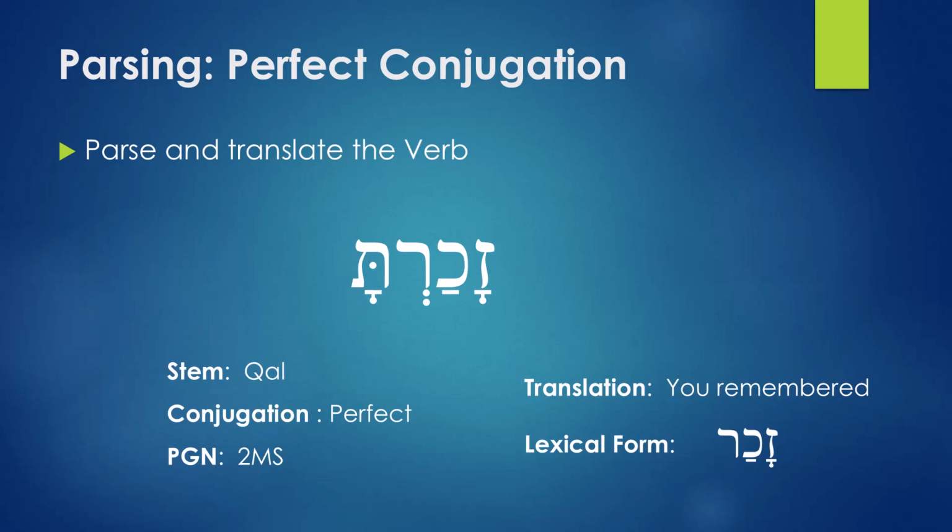So the lexical form will help you translate it because it tells you the meaning of the word, and the suffix is going to give you the person, gender, and number. Let me say it in this way: the root tells you what the word will mean, but the ending tells you who is doing the action. The root tells you we are talking about remembering, but the suffix tells you who remembered. And it's in the second person, so it's you remembered. And that's how you translate.